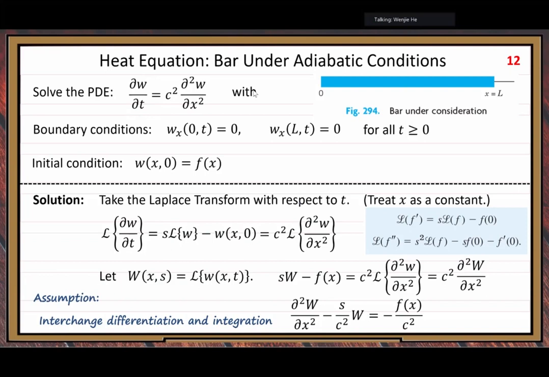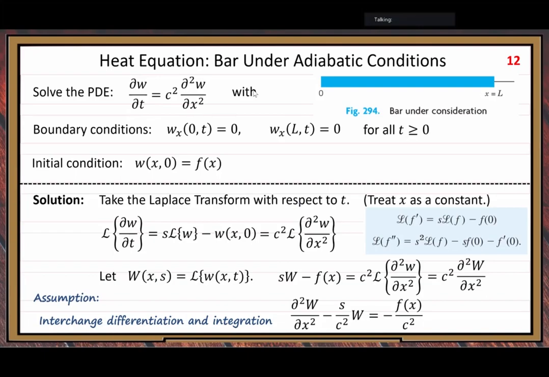We want to find capital W. And when we find capital W, we treat this little s as a constant, a fixed parameter. It's just another constant.